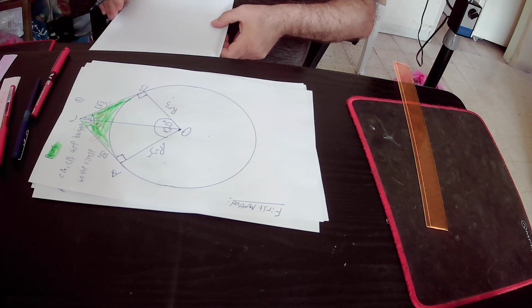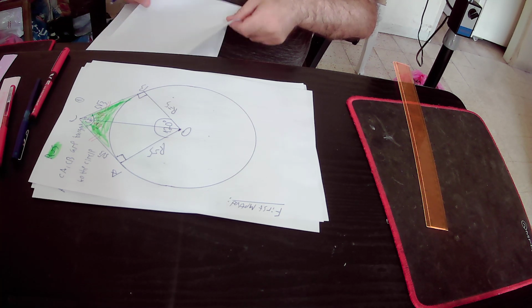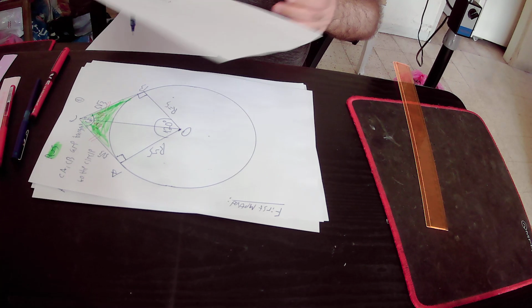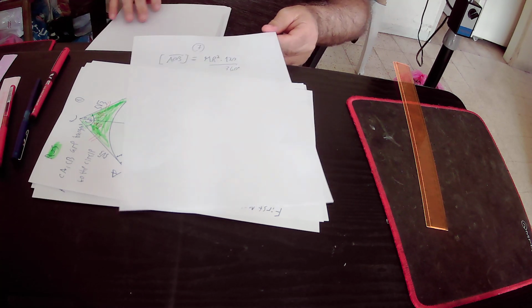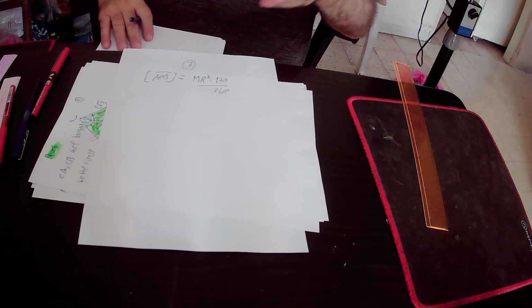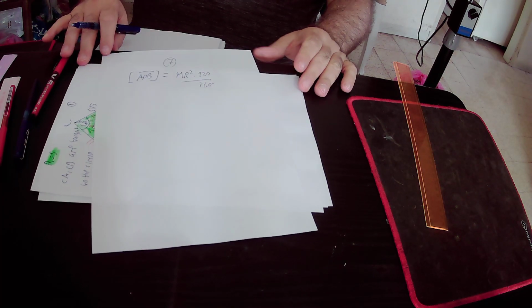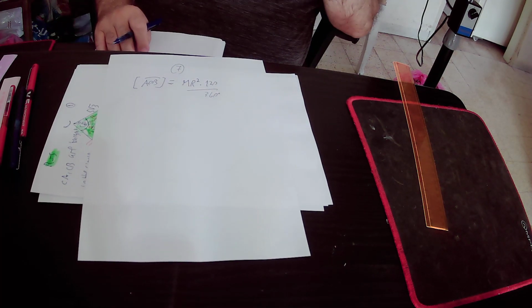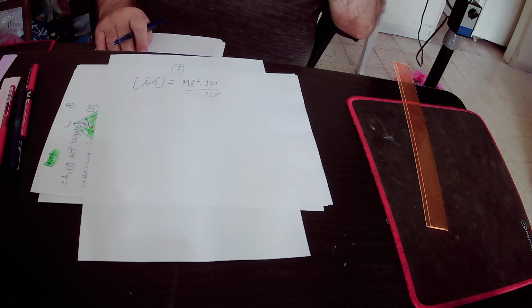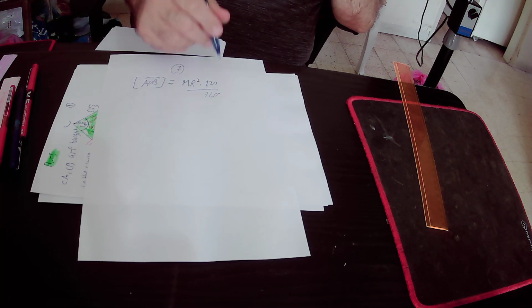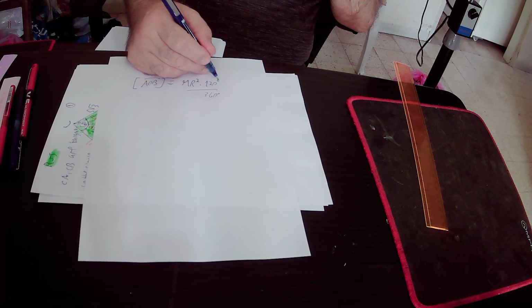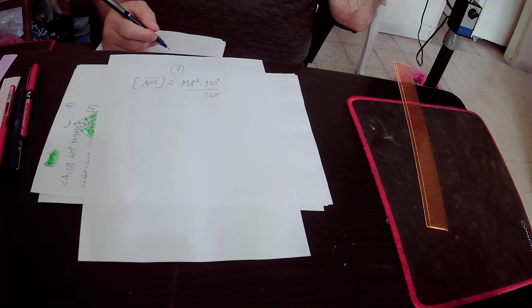Again, the area of sector AOB equals pi times r squared, that is the area of the circle, times 120 degrees over 360 degrees. 120 degrees over 360 degrees is 1 over 3.